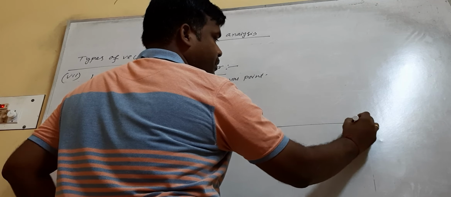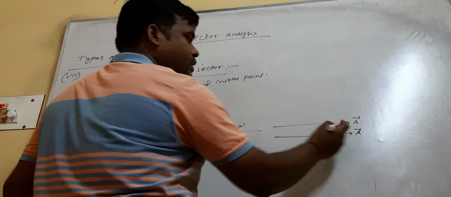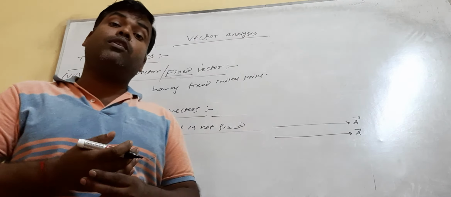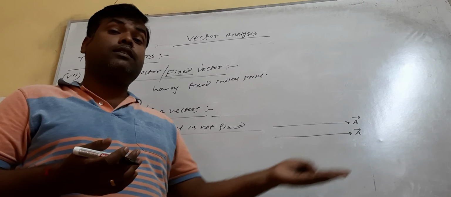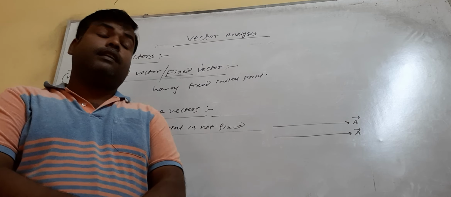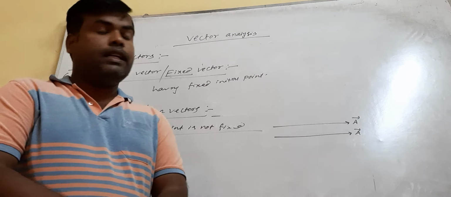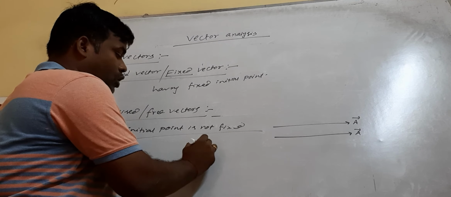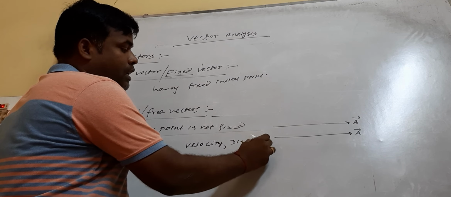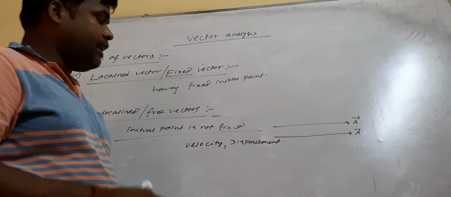If you shift the vector along the parallel line, or change the line of action of the vector, and the effect does not change, then it is called a non-localized vector or free vector. For example, velocity and displacement are non-localized vectors or free vectors.